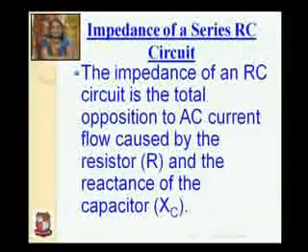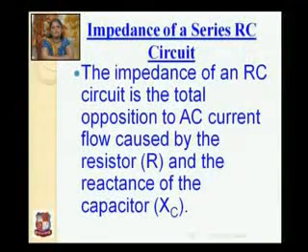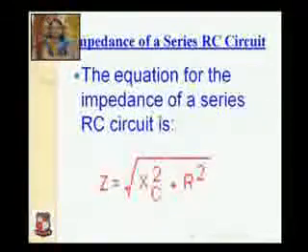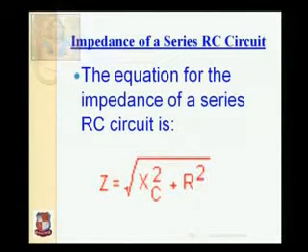Now impedance of series RC circuit. The impedance of an RC circuit is the total opposition to AC current flow caused by the resistance and the reactance of the capacitor. It is the combination of R and XC, while in an inductive circuit it is the combination of R and XL. So the equation for the impedance of a series RC circuit is Z equal to under root of XC square plus R square.